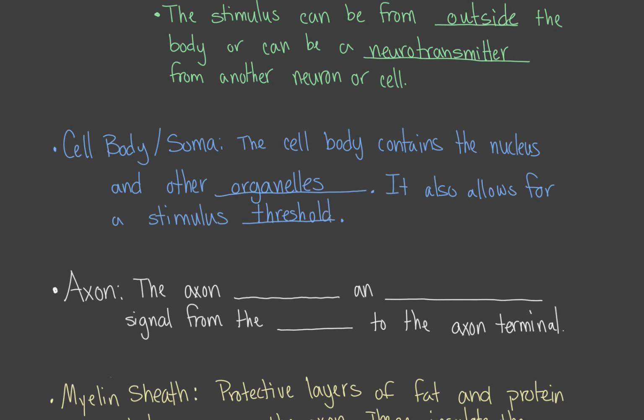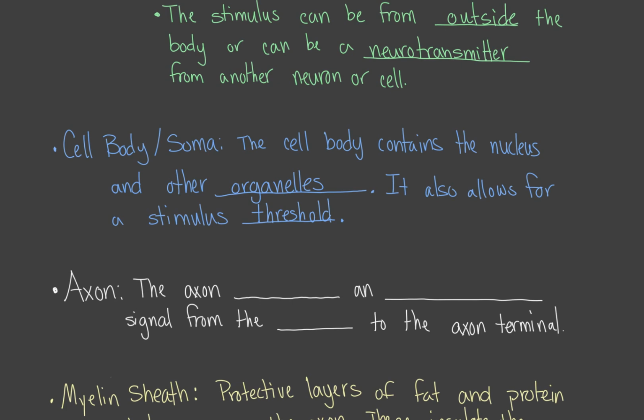And what this threshold means is there needs to be a certain strength of a stimulus in order for the nerve cell to respond. That cell body lets this kind of threshold build up, so beneath a certain strength of stimulus, the nerve cell won't do anything. But once that stimulus reaches it, it will then fire that signal down the axon. So the cell body is also important for that stimulus threshold.